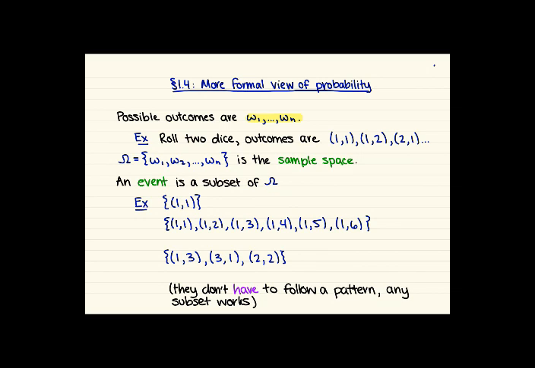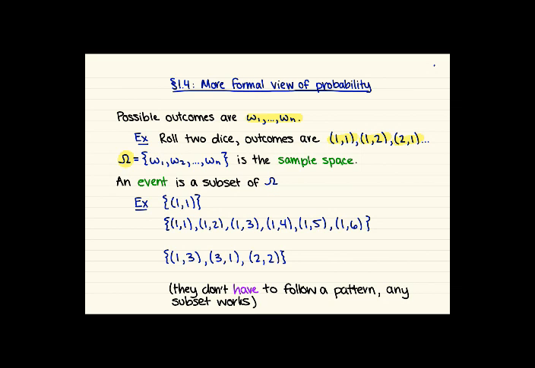Looking at our specific example here, rolling 2 dice, our outcomes are: the first one is 1, the second one is 1; first one is 1, second one is 2; first one is 2, second one is 1, etc. All of the different possibilities that you can have here. So then we take all of those possible outcomes and put them together into a set, capital Omega, and we call that the sample space. So this is the set of all possible outcomes.